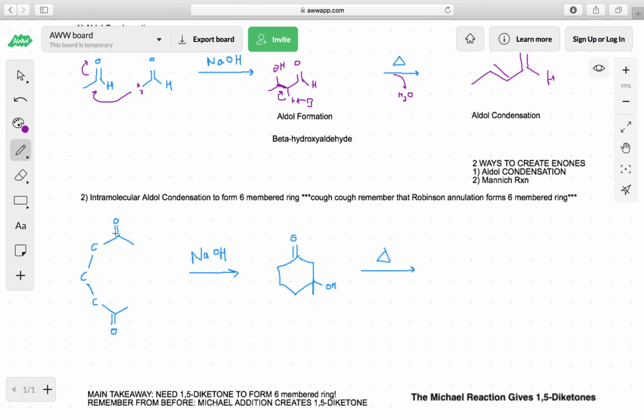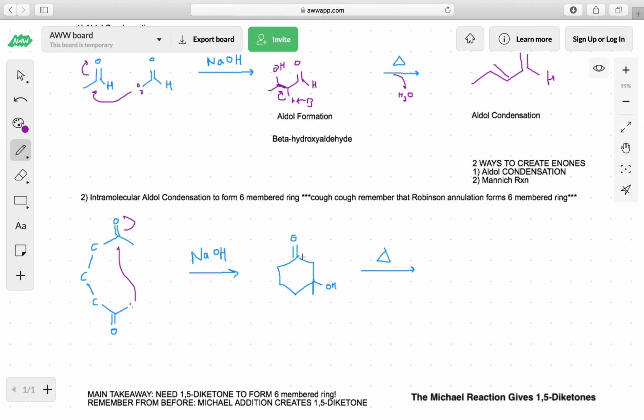So if I count from here, 1, 2, 3, 4, 5, 6, I can either form an enolate here or here. If I form it here, I'm going to form a 4-membered ring. That's pretty unstable. But if I form an enolate on this carbon, it's a 6-membered ring. That's pretty stabilizing. So let's form the enolate here, and it's going to attack this electrophilic center and push up this bond. So you should be left with this over here.